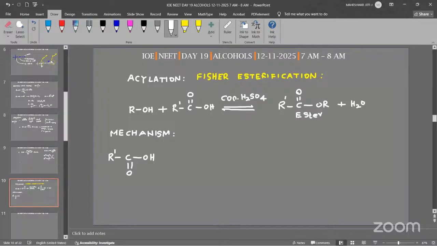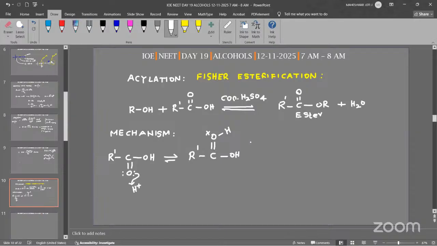See here, concentrated H2SO4 releases acid, so H plus. It reacts with the double bonded oxygen lone pair. This gives R dash C double bond O H. Oxygen is losing its electron density, it gets positive charge, OH.